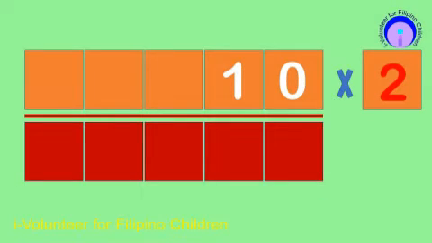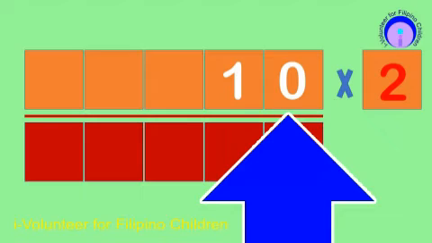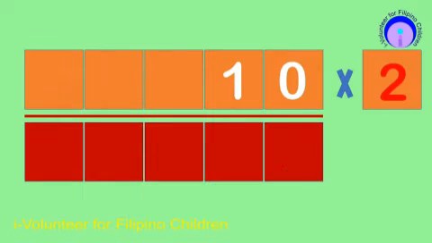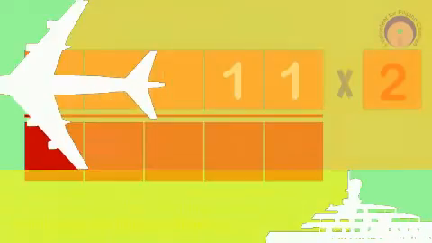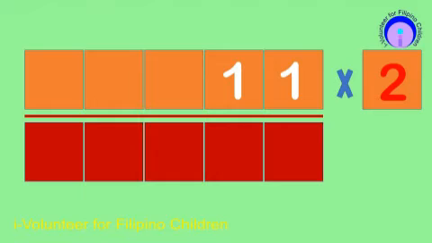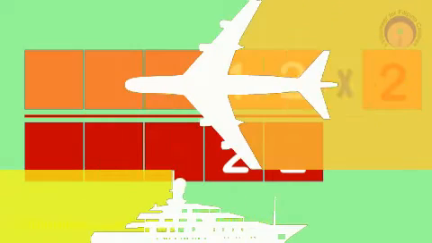Always take note that if your neighbor is less than 5, no need to worry. Just double the digits. The answer is 20. Please take note that digits which are not 5 and above, you don't need to worry. Just double the digits. The answer is 22.